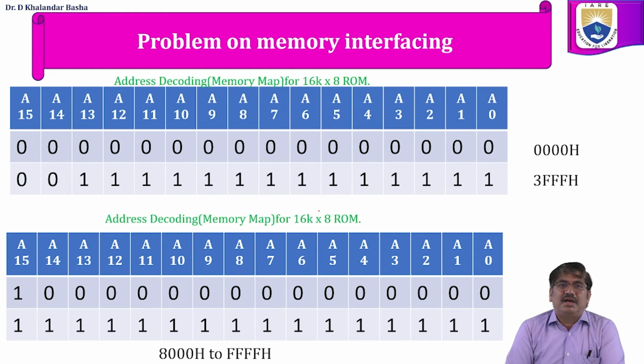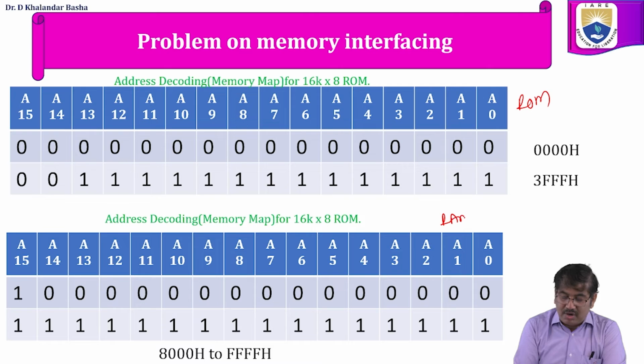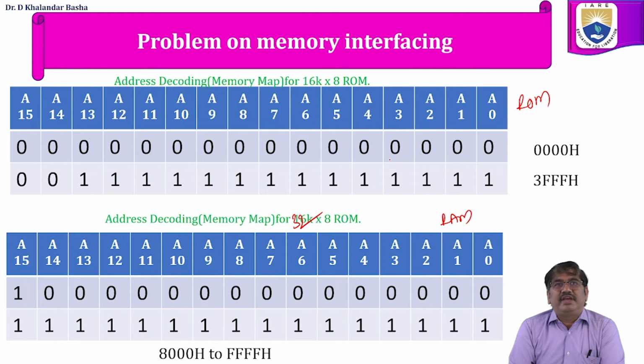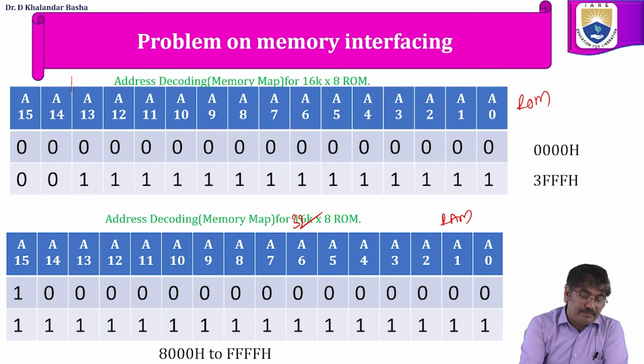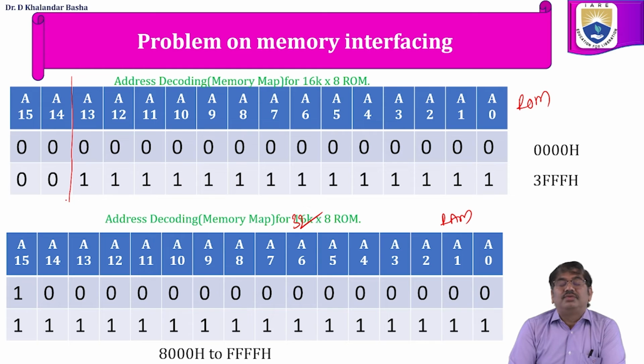So this is the address mapping for the ROM block, and this one is for the RAM block. The address space we are going to select for ROM is A0 to A13. Total 14 address lines are required for accessing. However, the upper bits are 00.